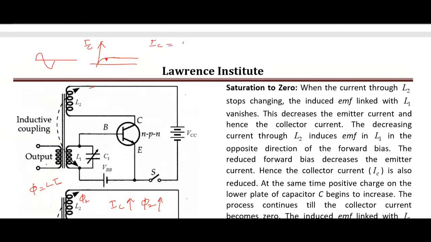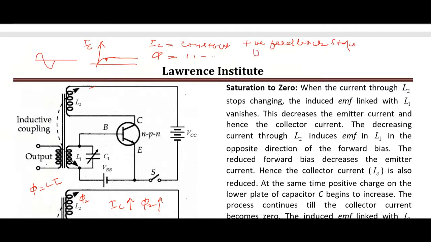IC becomes constant. It means phi becomes constant. It means positive feedback stops for a moment, not for always.